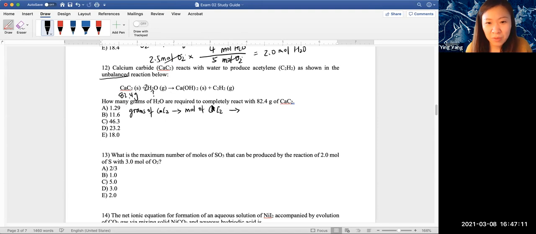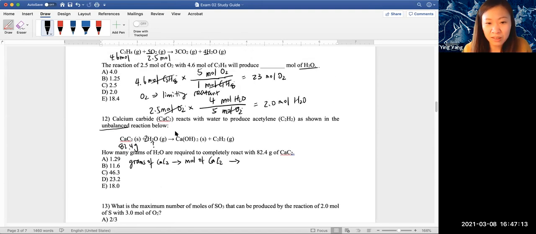And like what we showed you in the previous question, if you know the moles of one of the reactants, you can determine the number of moles for the other based on the coefficients, in other words, the stoichiometry, right? So use the stoichiometry to find the moles of water. Then using the molar mass as the conversion factor to find the grams of water.